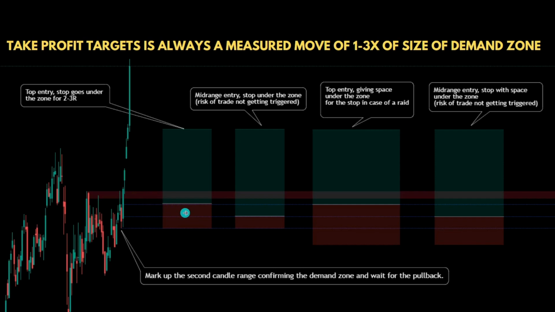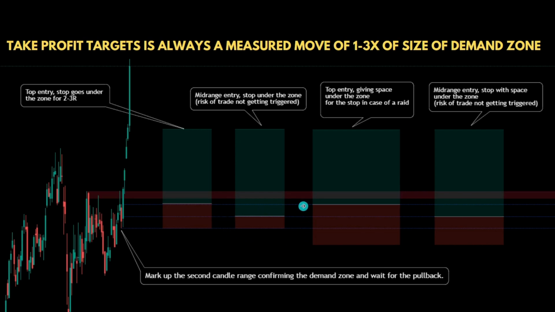So for this one, measured move, everything is the same. Here, stop entry, stop goes under the zone for 2 to 3R. Mid-range entry, stop under the zone. The problem with entering the mid-range is sometimes price doesn't get to the mid-range, so you risk the trade not getting triggered.